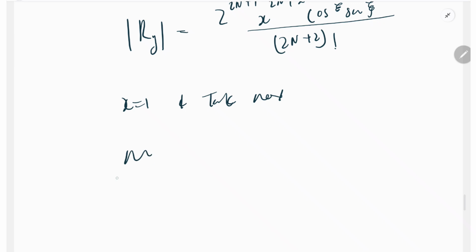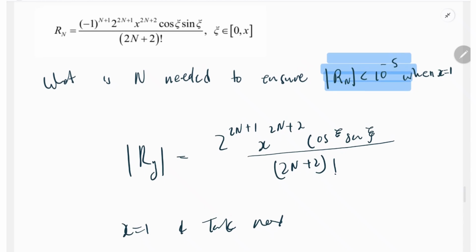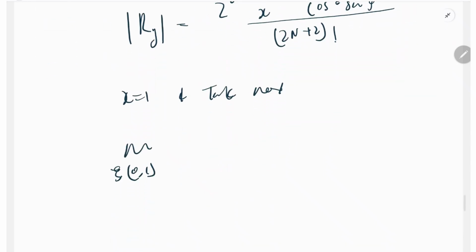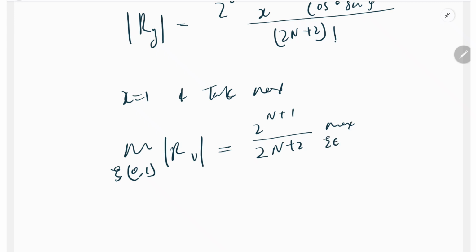We're finding a max where psi is between 0 and 1, which was part of what was said in our very beginning statement, of our error. Then 2n plus 1. Also remember, we're taking the absolute value of our error, plus 2, trying to find the maximum value. Psi is between 0 and 1, and both of these ends are included.